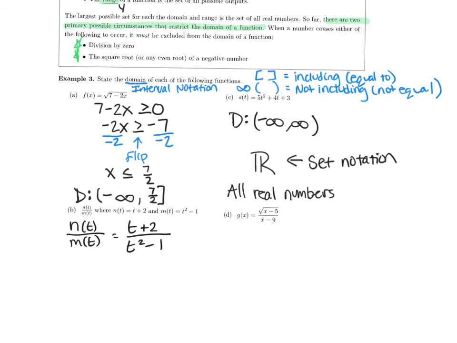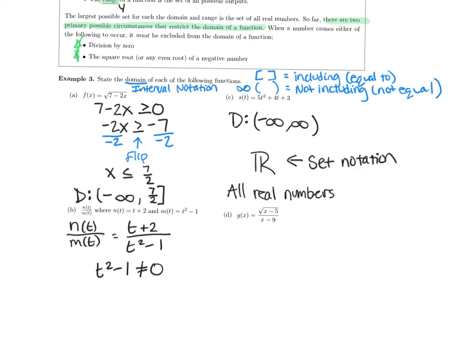Okay, so here I can see this goes into our first category of division by 0. We're not supposed to divide anything by 0, so I know that denominator cannot be 0. So the way that I'm going to set that up is to say that t squared minus 1 is not supposed to be equal to 0. It can be greater than 0, it can be less than 0, just cannot be 0 itself.